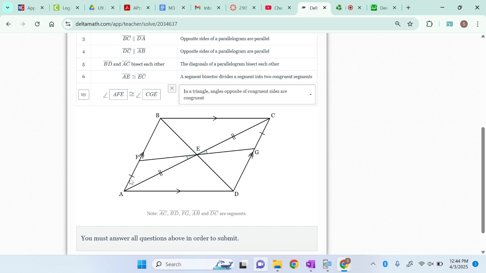So now can I show that it's angle side? Guys, this book is fun. So let's say angle FAE is congruent.